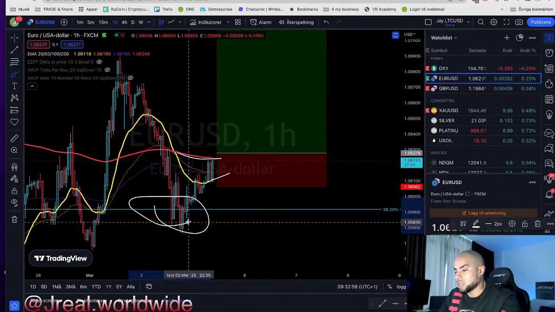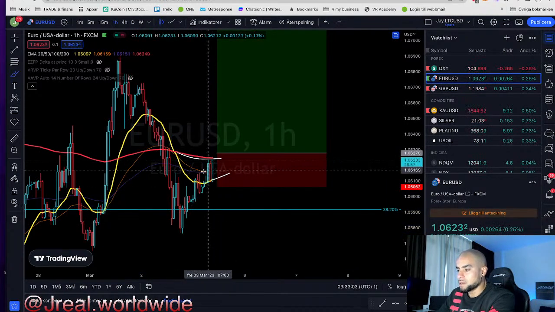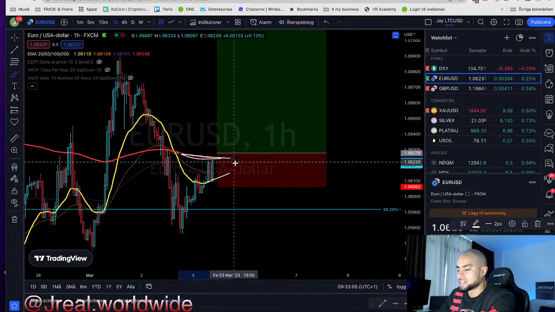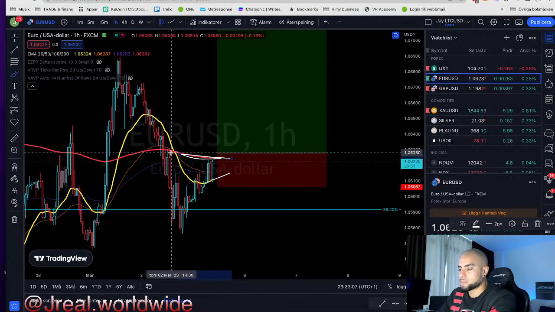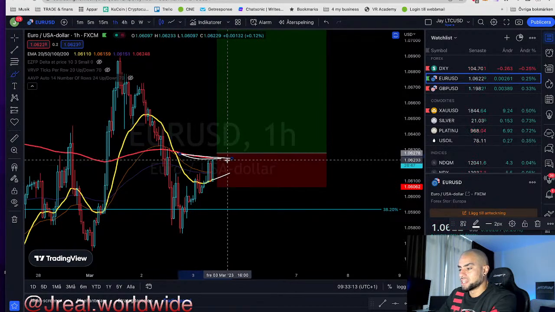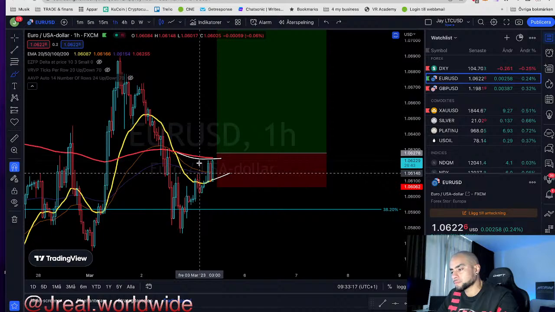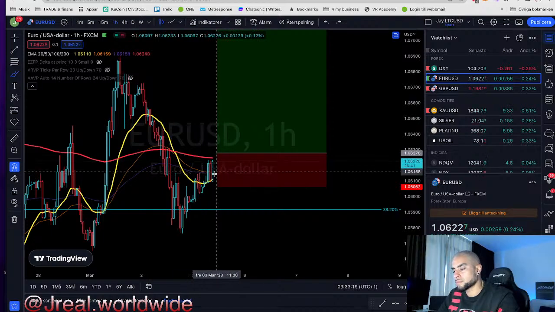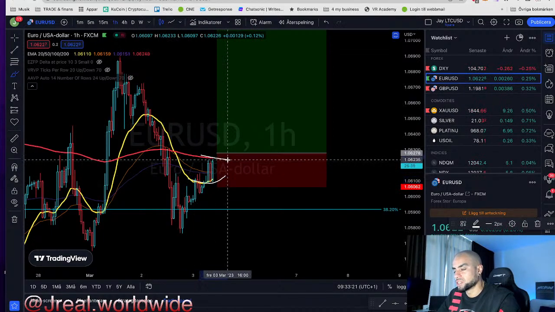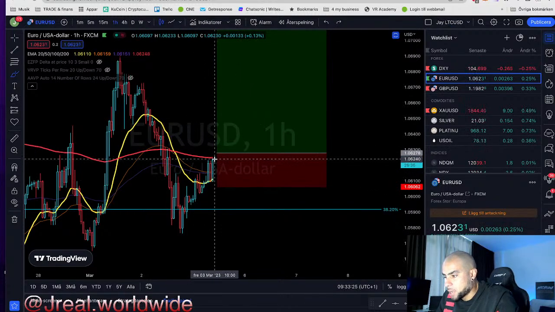It already rejected the 38.2 Fibonacci retracement as support. Very good. Now it's on its next test, and that is breaking the 200-day EMA. It broke the 20-day EMA. Now it has to break the 200-day EMA. It's squeezed in between the 20-day and the 200-day EMA, and we want to see the market pop out of this.